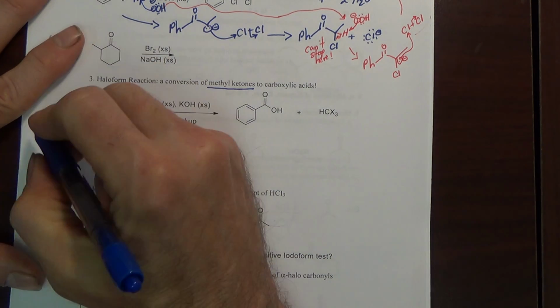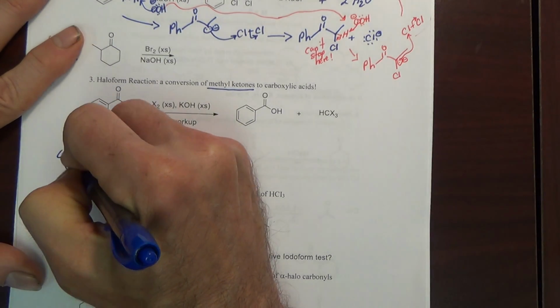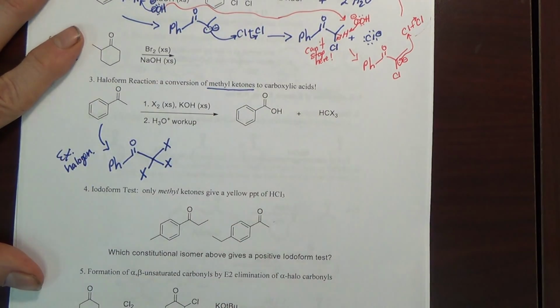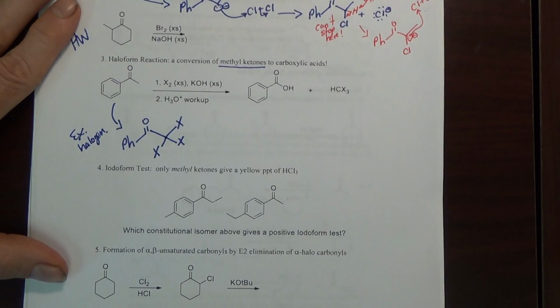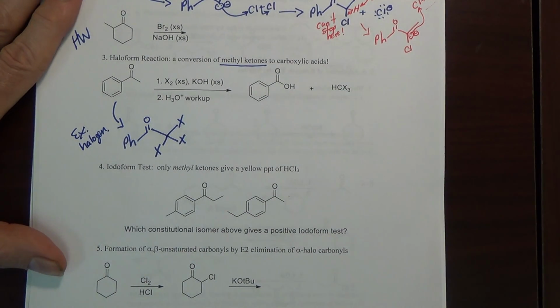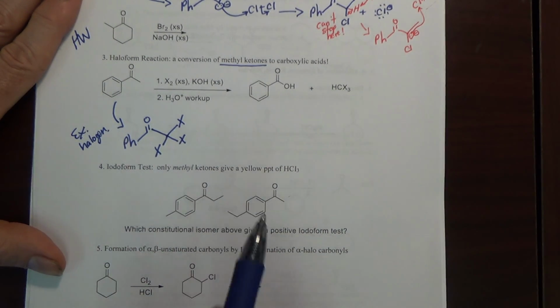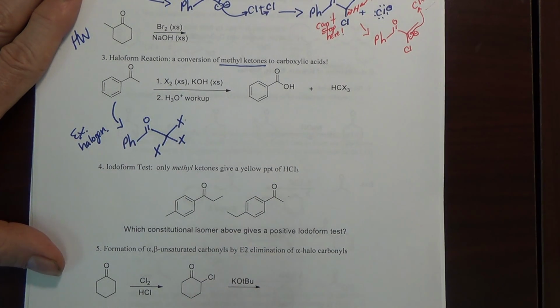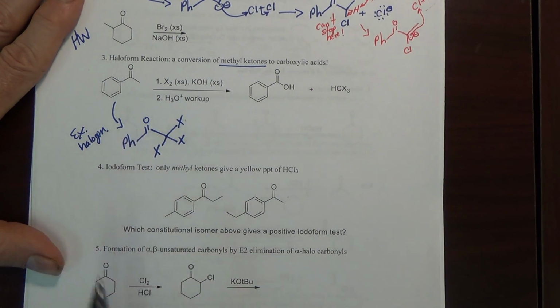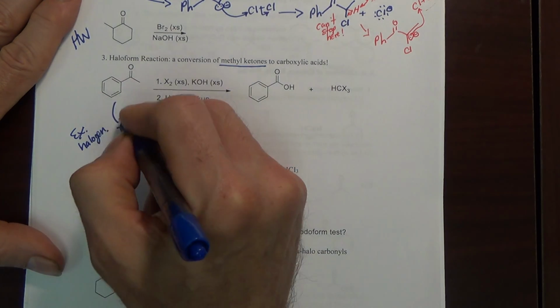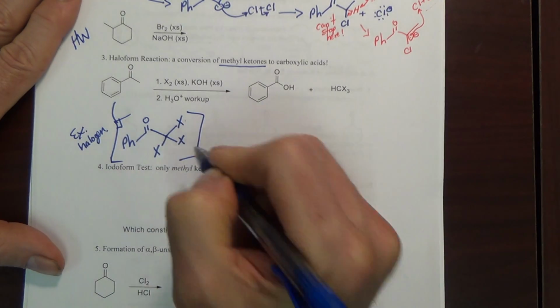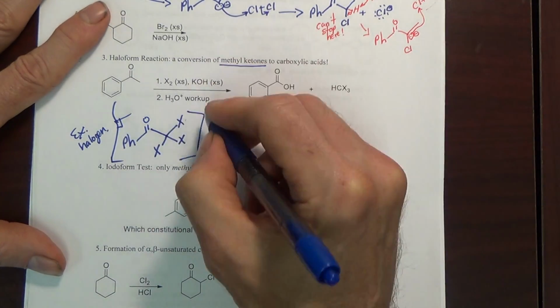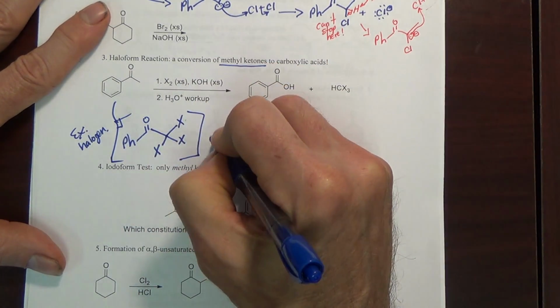All right. Exhaustive halogenation. But it turns out a carbon with 3 halogens will serve as a leaving group from the carbonyl. All right, and this is going to be a non-isolated intermediate. We have excess hydroxide. We're still doing step 1.